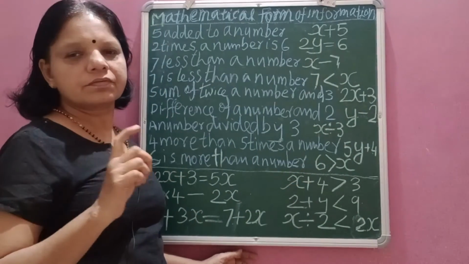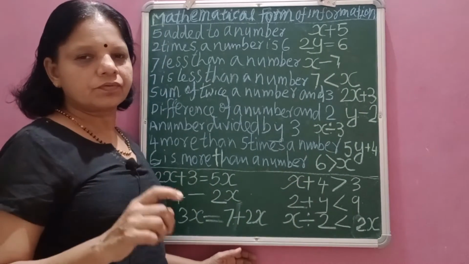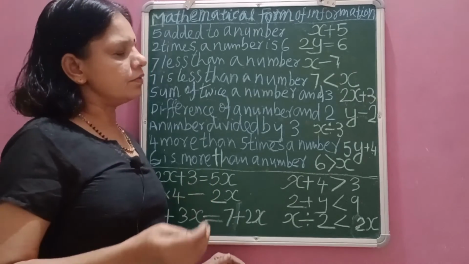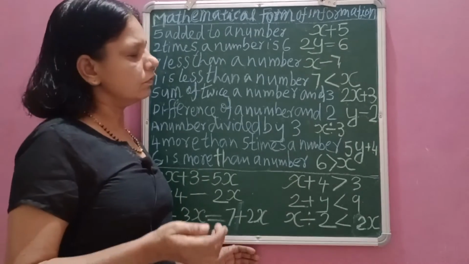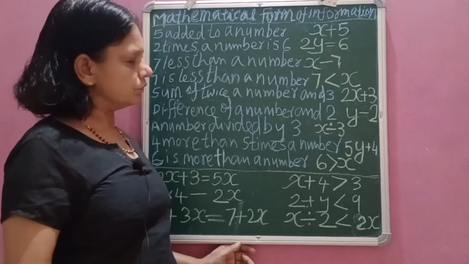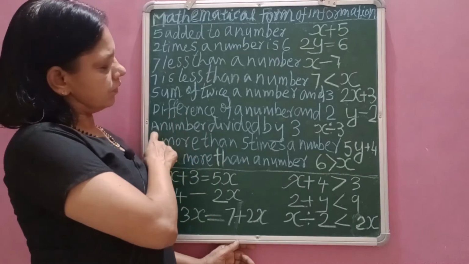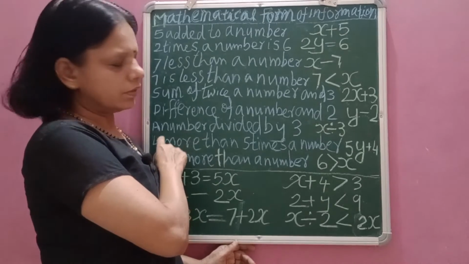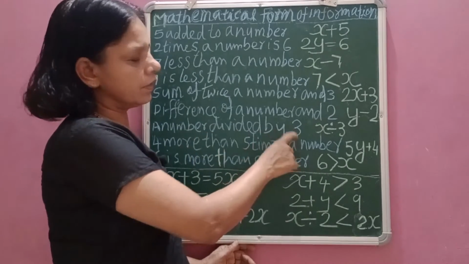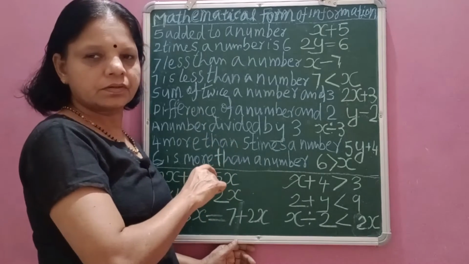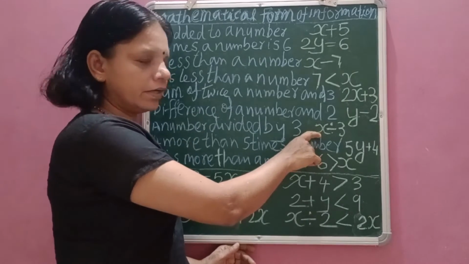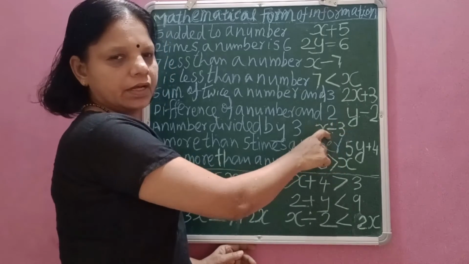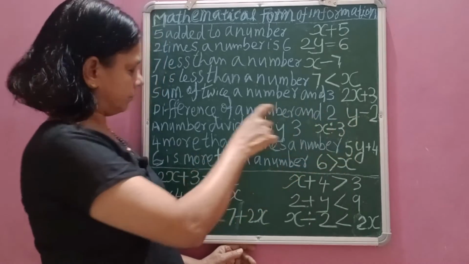For difference, subtraction. So y minus 2. Next one, a number divided by 3. For number I written x. X, division sign and 3. X divided by 3.